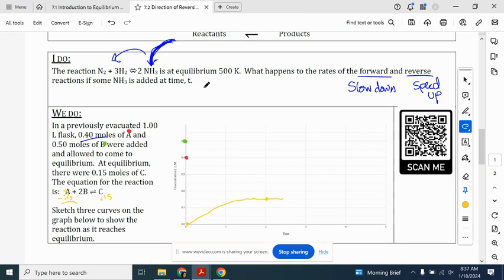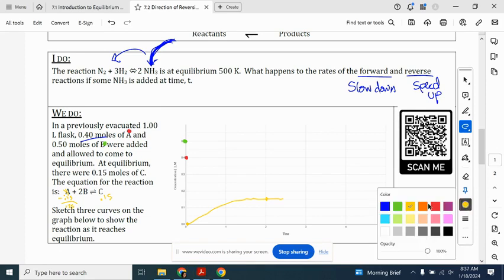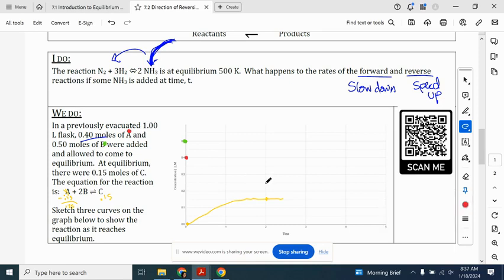So A is going to end up at 0.25. Right there is where A is going to end up.